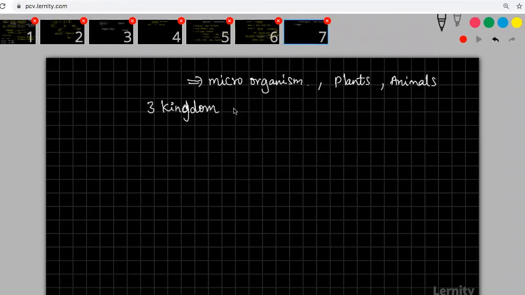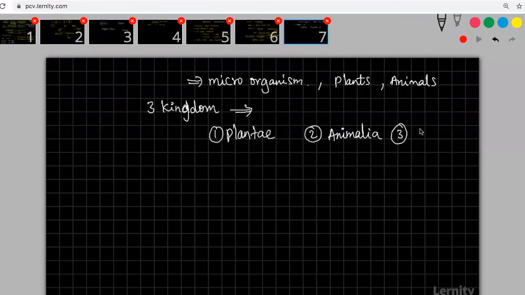So this three kingdom classification included three groups. The first group was Plantae. The second group was Animalia. And the third group that they argued for was Protista.